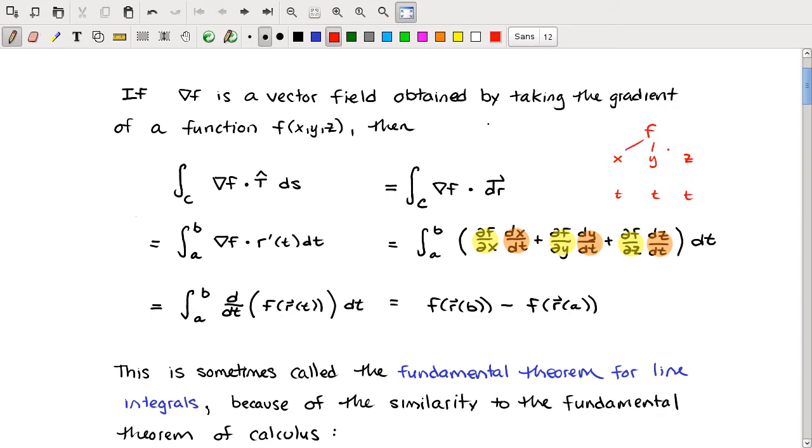And we get these chains of derivatives, which give us exactly this thing. So this is nothing more than the exact time derivative of the function f, which depends on the intermediate variables x, y, and z, which depend on the underlying parameter t describing the curve C along which we're doing the integral.